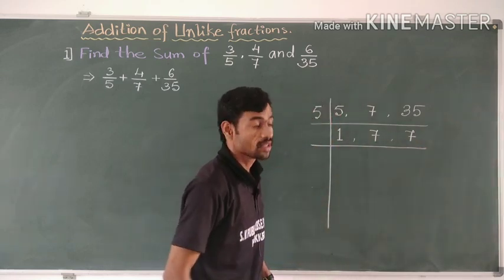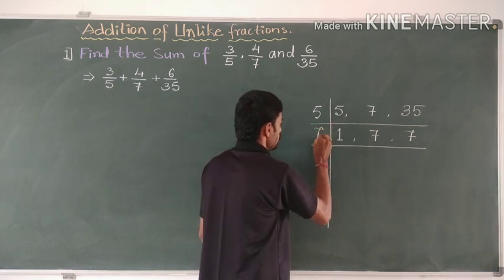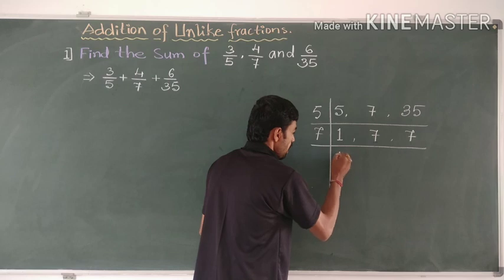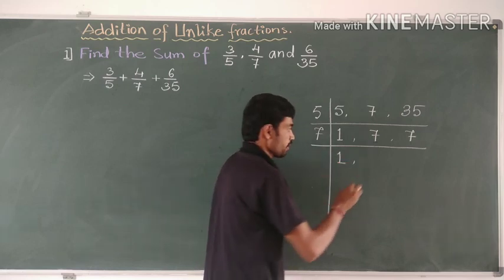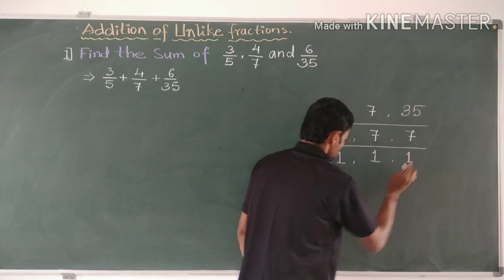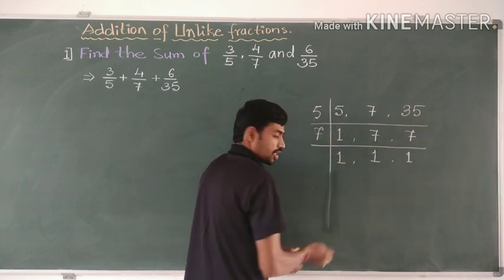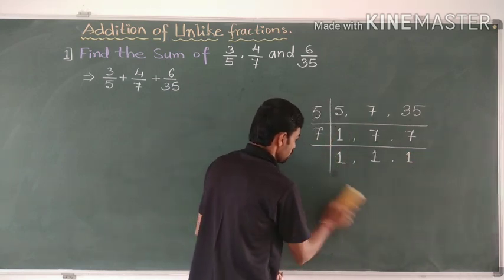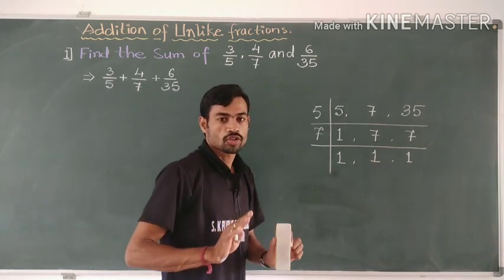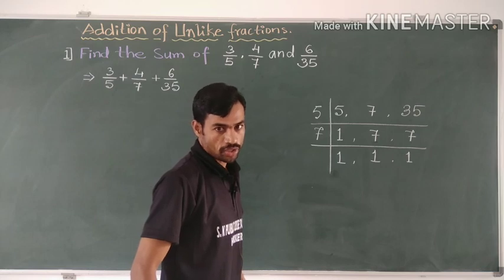Next prime number is 7. 1 as it is. 7 ones are 7, and again 7 ones are 7. Last we get 1, 1, 1, so now we stop the prime factorization.